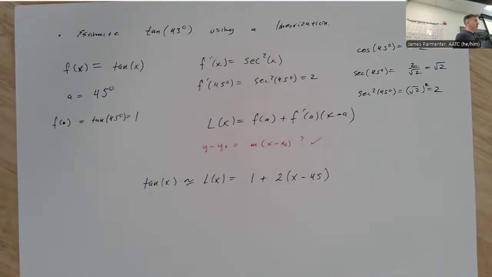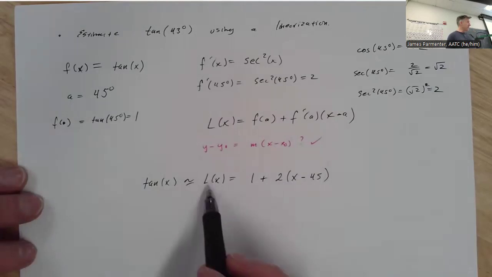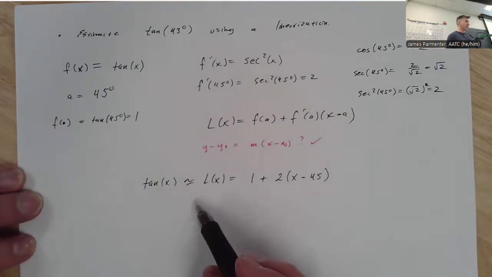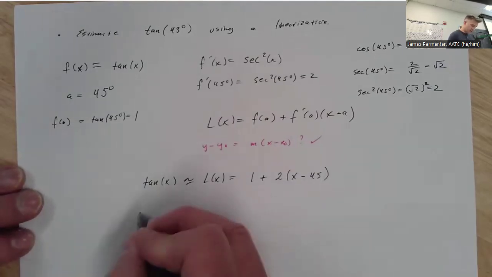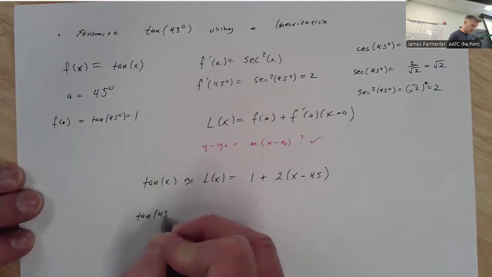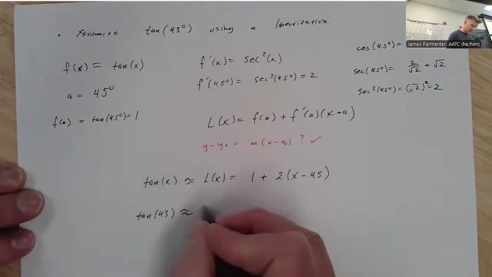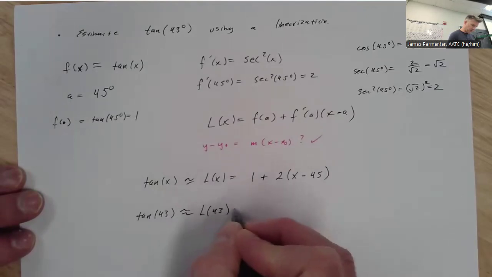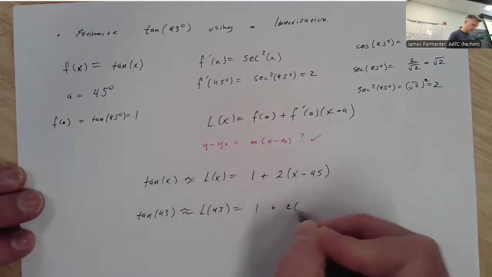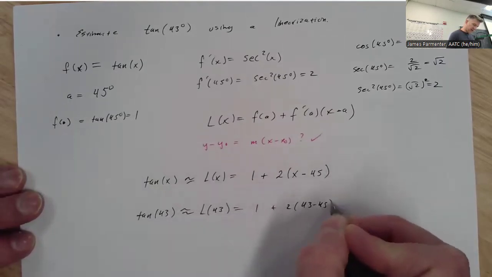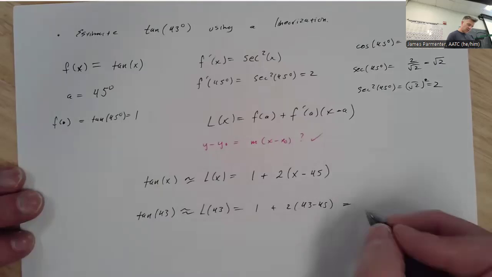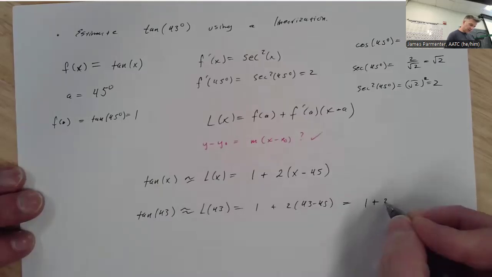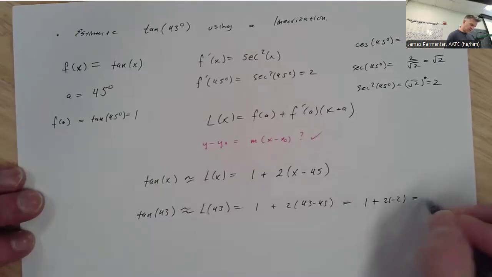You might not want to write this down because I'm doing it on purpose. So let's use this linearization to approximate tangent of 43 degrees. So tangent of 43 degrees is approximately my linearization of 43 degrees, which is 1 plus 2 times 43 minus 45, which ends up being 1 plus 2 times negative 2, which is 1 minus 4, which is negative 3.